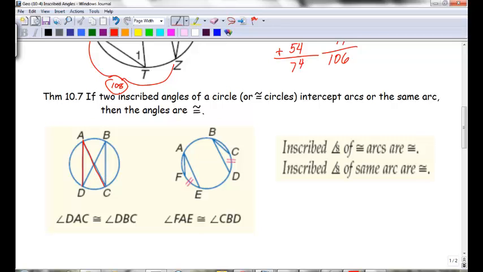That angle maps out that arc, and DBC goes to the same arc, so this angle has to be congruent to that angle. And it would go the other way too. ACB maps off this arc and ADB maps off arc AB, so those angles are the same also.